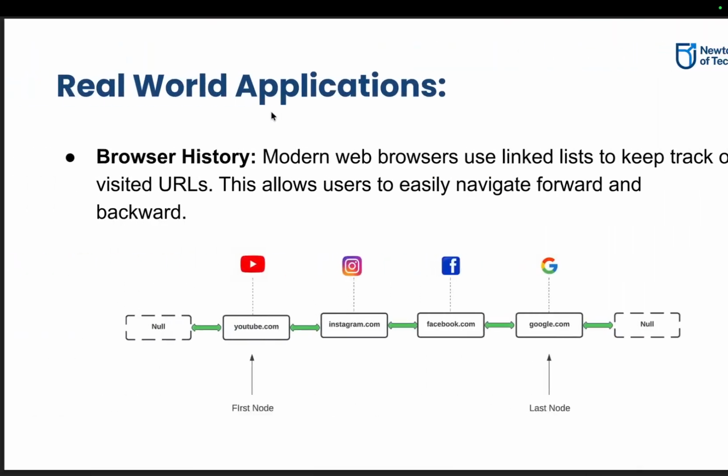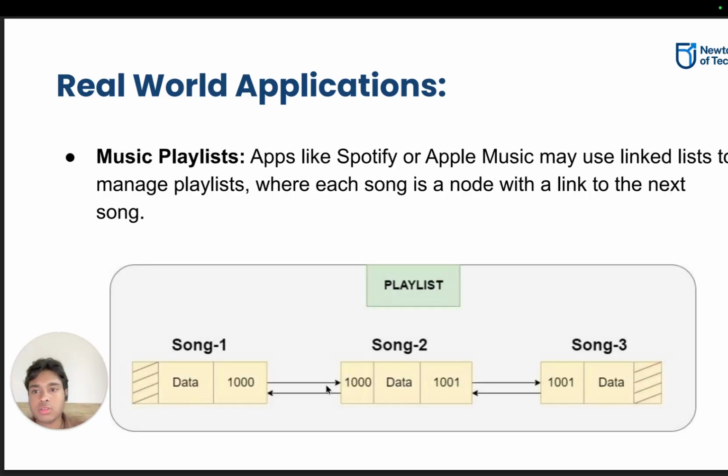YouTube was the main page; when I opened the Newton portal it was our first node, and the last node was the questions page. So I have given you one example.